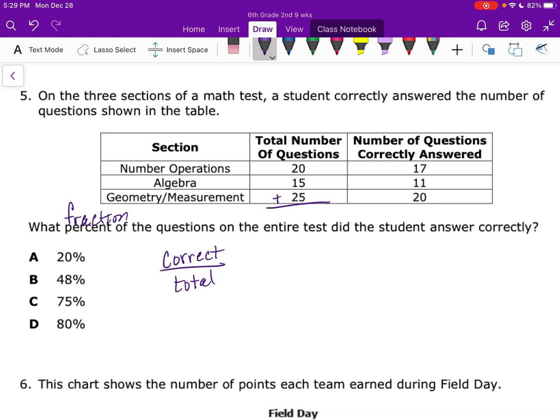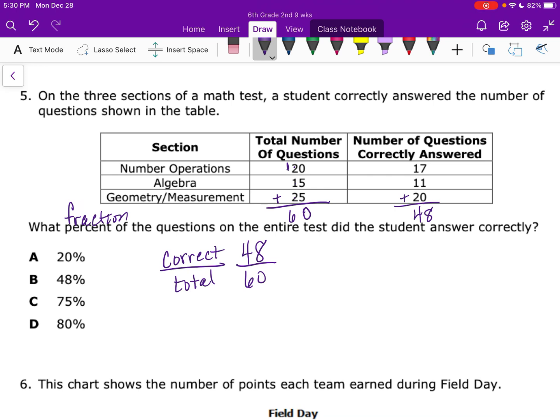So we have to add that together to get the total on the whole test. So 5 and 5 is 10, it's 4, 5, 6. So there were 60 questions. And then how many did she get correct? Yep, we got to add these up. So 8, 2, and 2 is 4. So she got 48 out of 60.